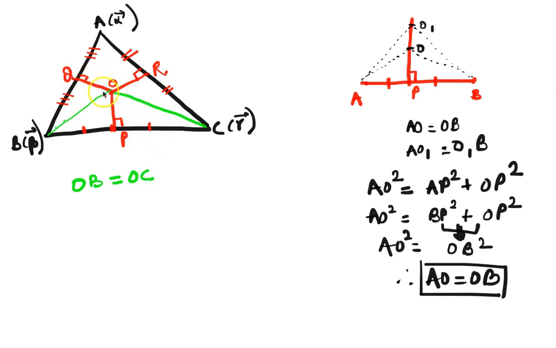Similarly, OQ is the perpendicular bisector of AB. So if I join this point, OB is equal to OA, and therefore OA is equal to OB equals OC. So this is equal to this, equal to this. Great.